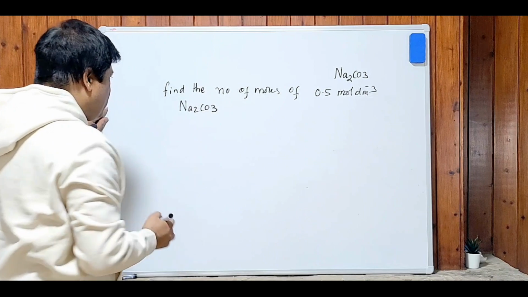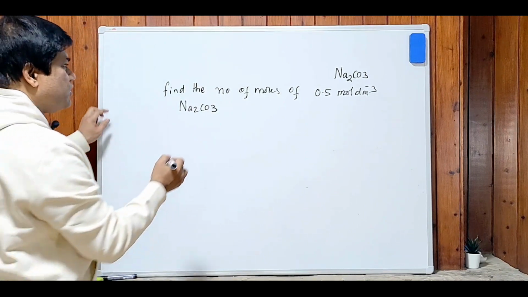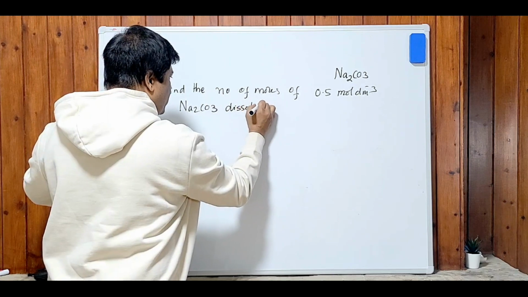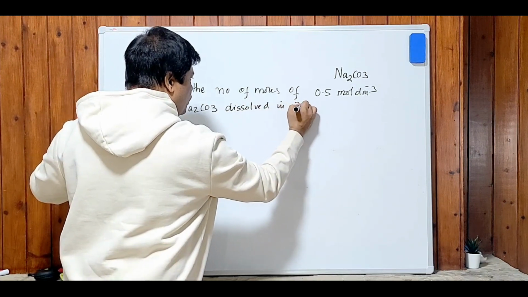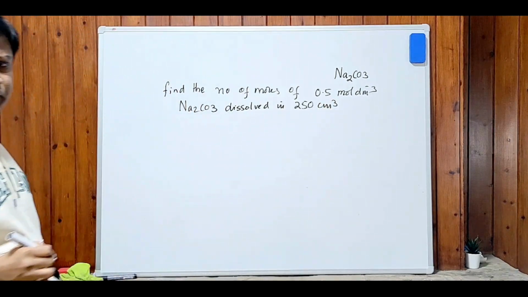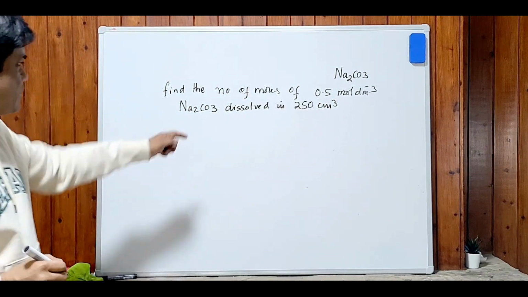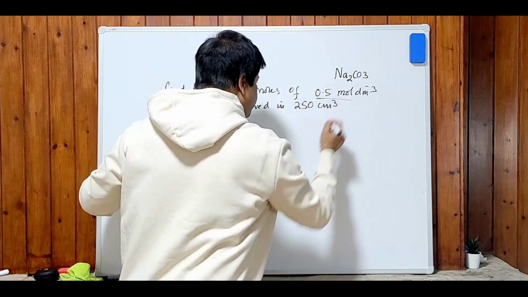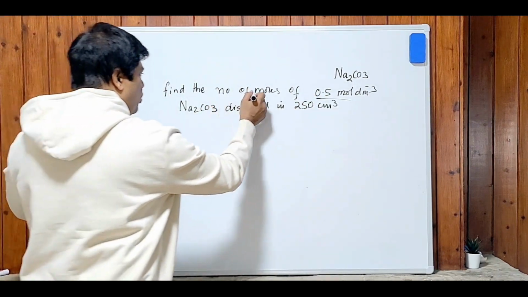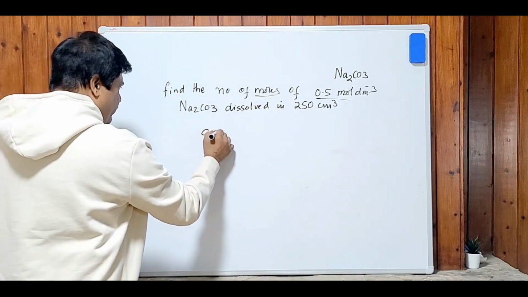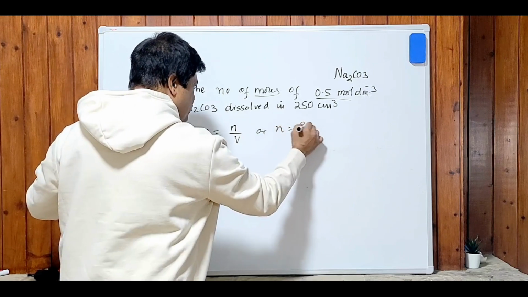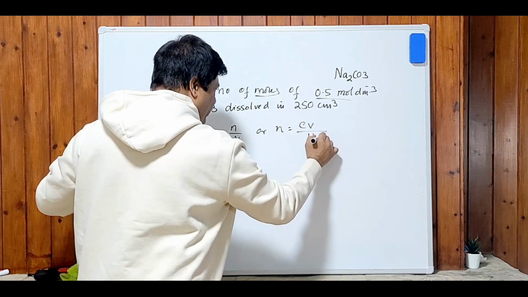It's easy for me, I can save my space. You want to try it? This time, conc is given and we have to work out the mole. So C equals n over V, or n equals CV divided by 1000.